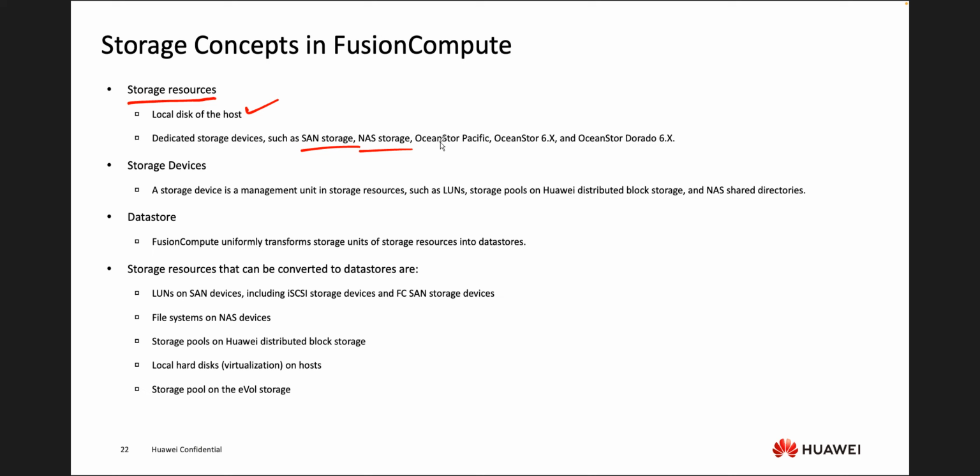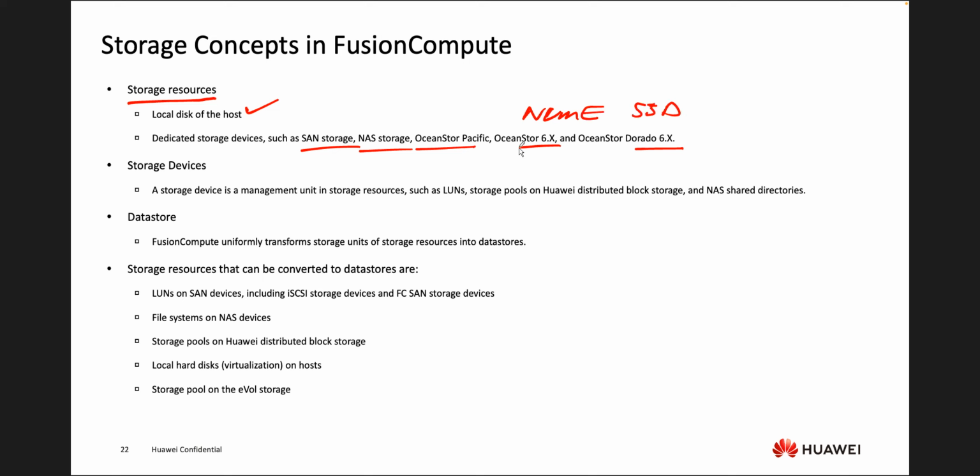We now even look at OceanStor, which is part of Huawei's storage service: OceanStor Pacific, OceanStor 6.x and OceanStor Dorado. These are all, I would say, NVMe SSD drives, if I'm not mistaken, that are used as storage. And so that is also part of dedicated storage, the services that you need.